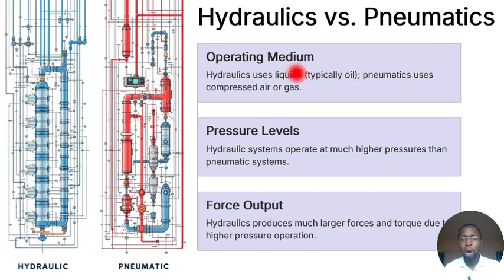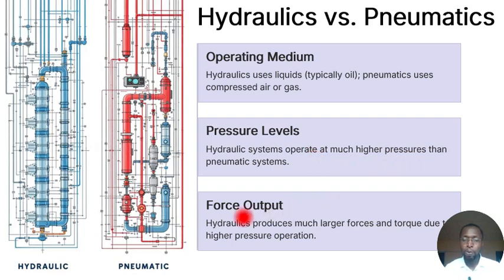Okay. Now the operating medium is the first thing. In hydraulics, the operating medium is liquid, typically oil, while in pneumatics, the operating medium is either air or gas. Then the pressure levels. Hydraulic systems operate at much higher pressure than pneumatic systems. That's another difference.